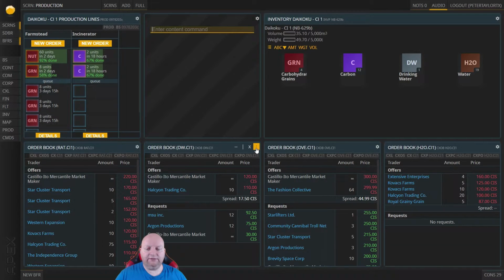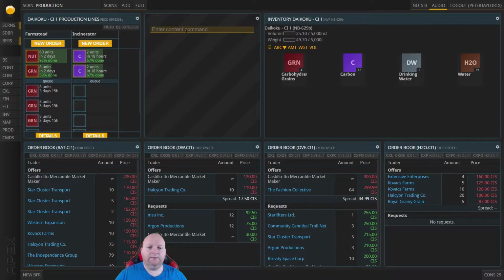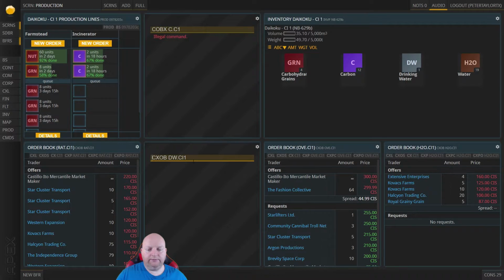Now, let's have a look at what's the command for that. COBX, okay. So if we put in here, COBX, C dot CI1, not CI1, not CL. What's your command?